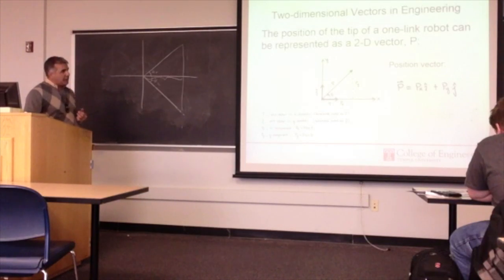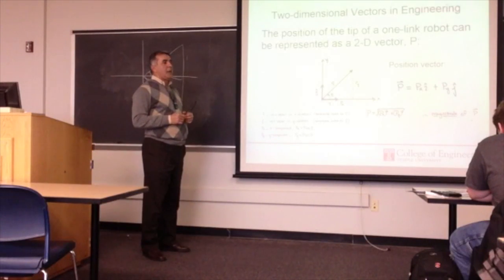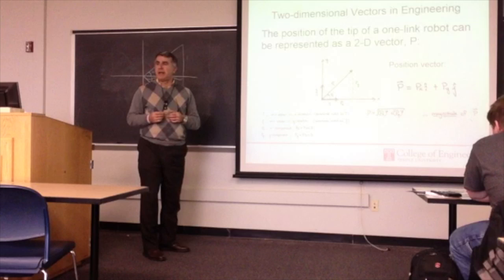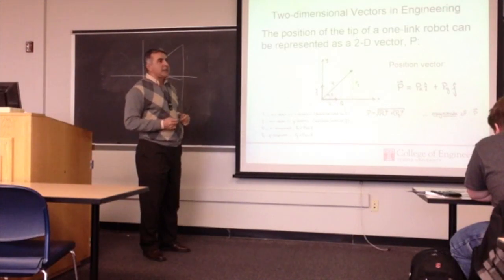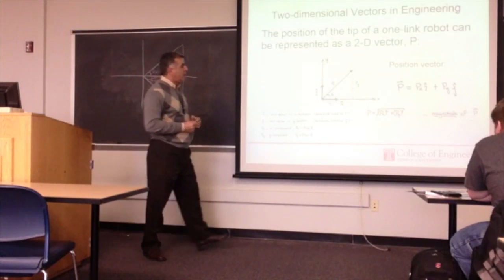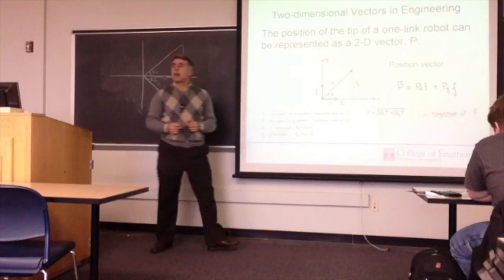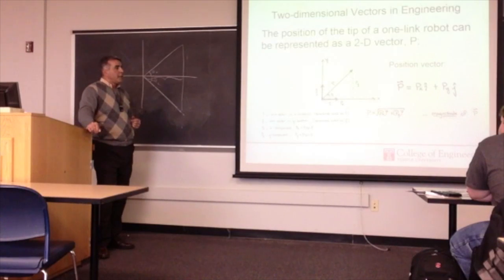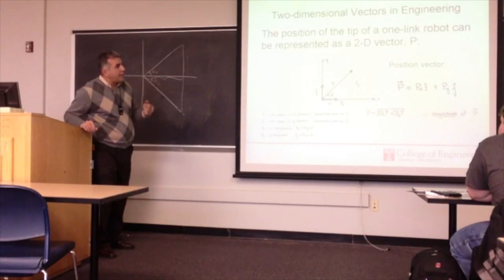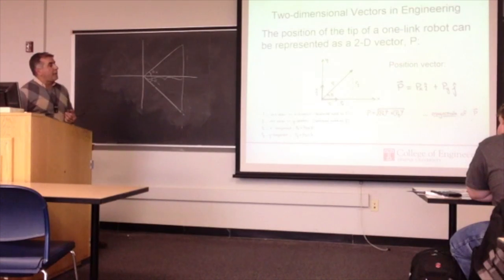Okay, so that is the basics of describing the vector. What is the magnitude of that vector? The magnitude is the same as before: the square root of px squared plus py squared in that right angle triangle. Now I am describing the position of my vector in a Cartesian coordinate system.